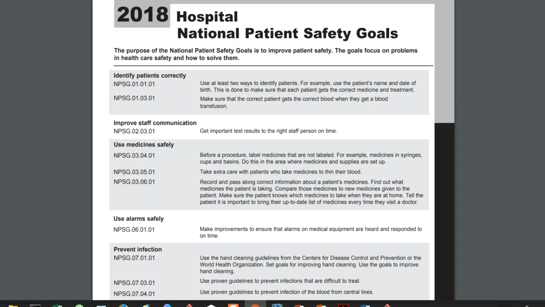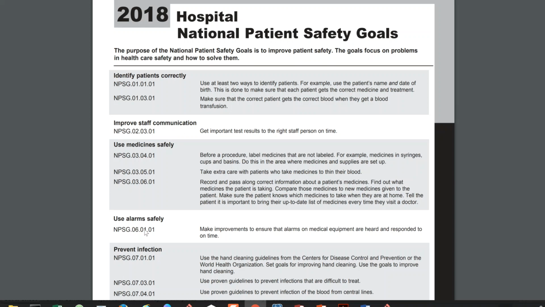And the reason why we know this to be a concern is because of harm that has come to clients. And it's for that reason that the Joint Commission has included medication reconciliation in the National Patient Safety Goals.